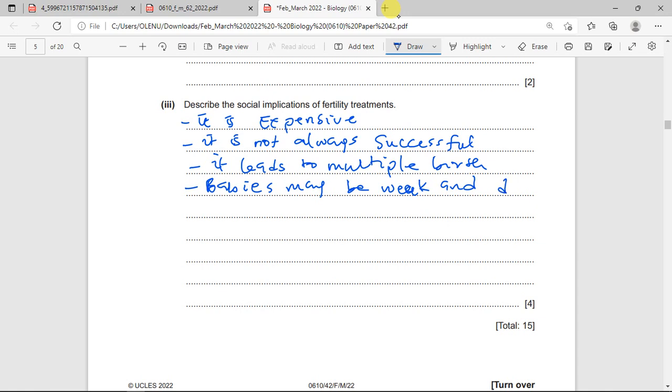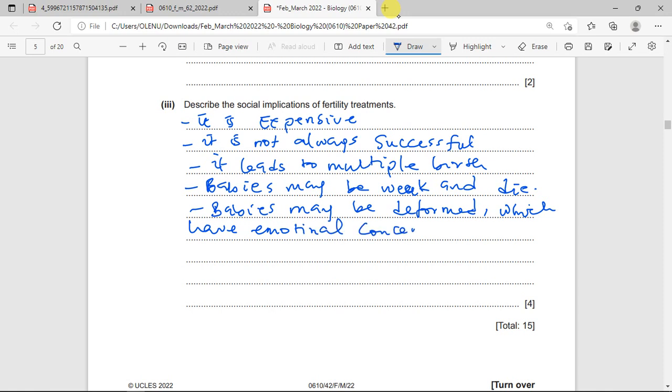Another point is babies may be deformed, which eventually has social and emotional concern on the parents.